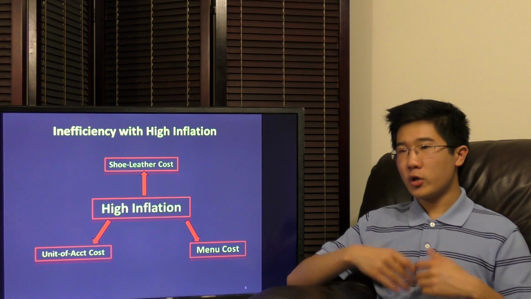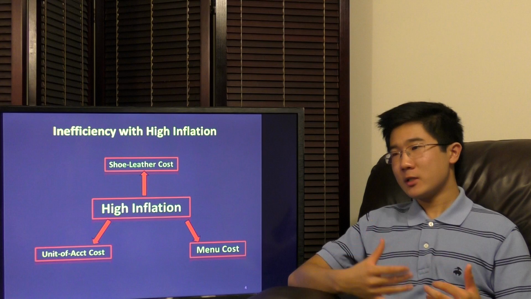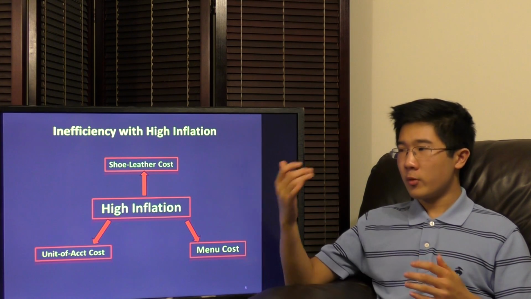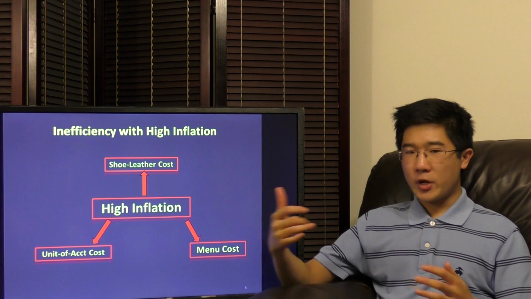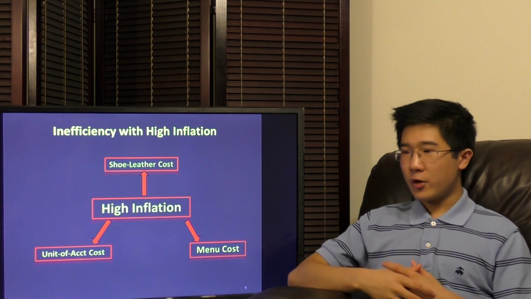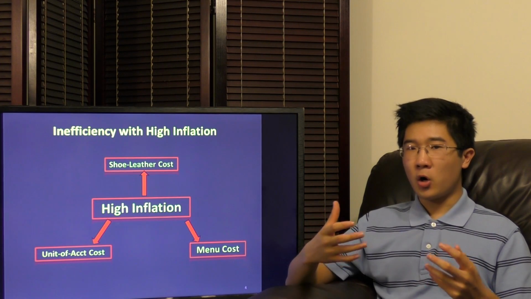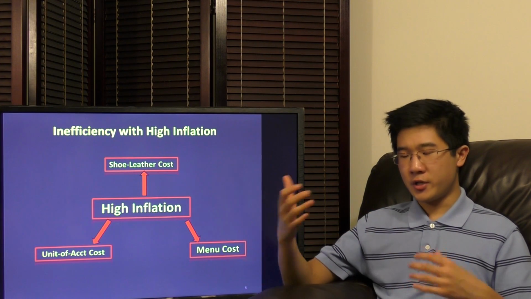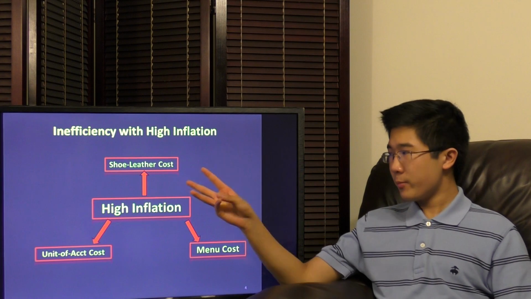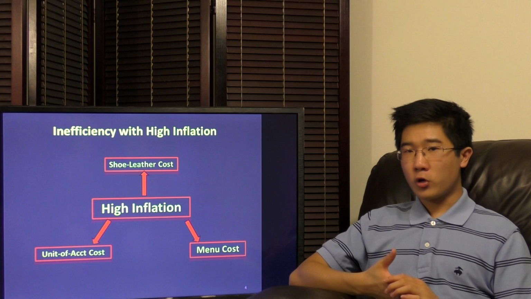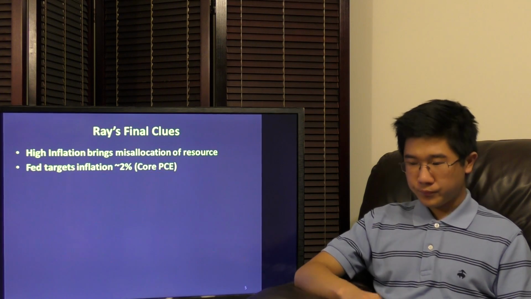For instance, we have more conversion costs because people will be less willing to use the US dollar and more willing to use other currencies or commodities such as gold. As you convert US dollars to gold, that creates a lot of unnecessary transactions and unnecessary costs that only occur under high inflation and an unstable dollar. Those are the three main explicit costs of high inflation, and in the future we'll talk about the more real costs of high inflation.